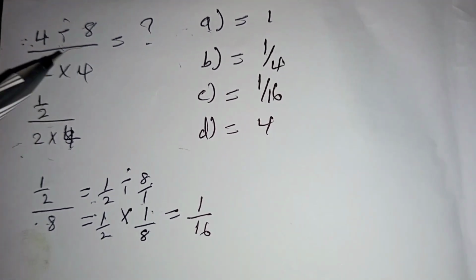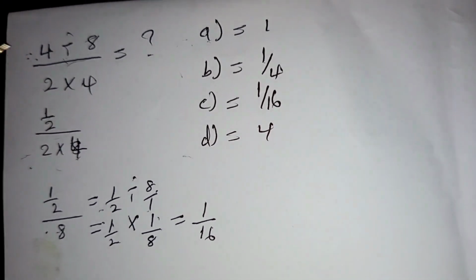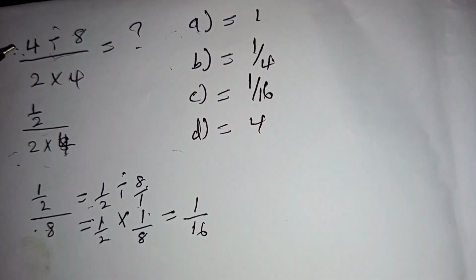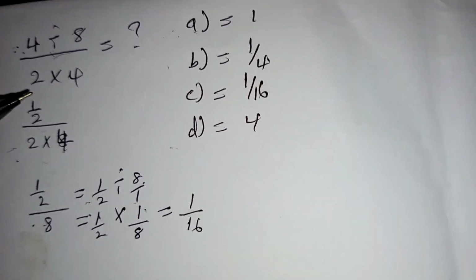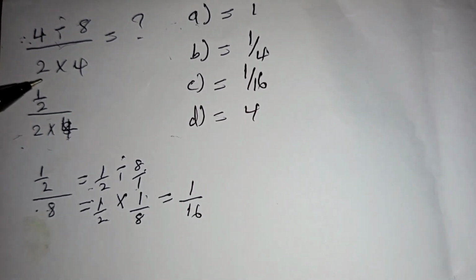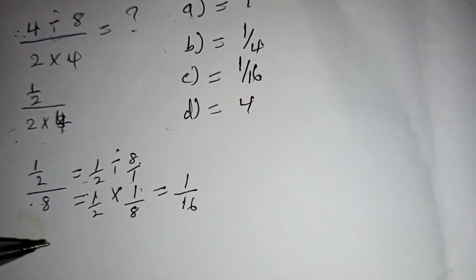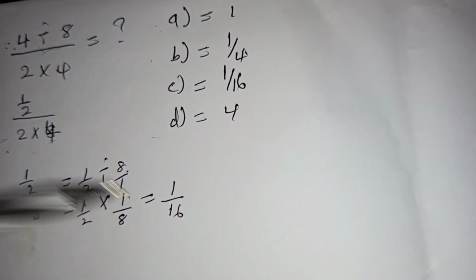The answer which is correct is 1 over 16, whereby we have first of all simplified the numerator, which is 4 divided by 8, and we have found it is a half. The denominator is 2 times 4, which is 8. A half divided by 8 is 1 over 16.